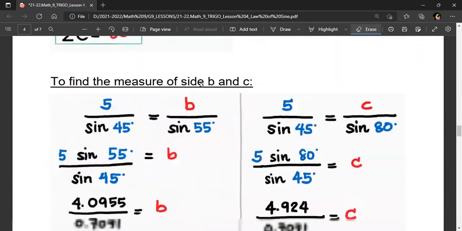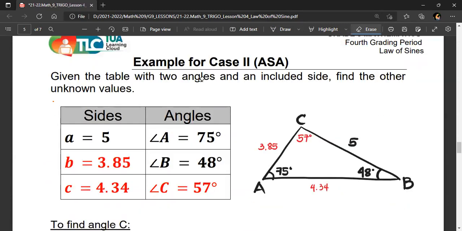Now, my purpose of including it in a table is for you to have an organization of the given data. The only side given is number 5, which is side A again. For the angles, angle A and B. This time, angle C is again missing.